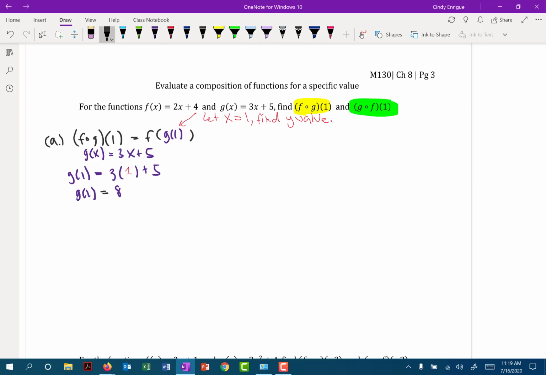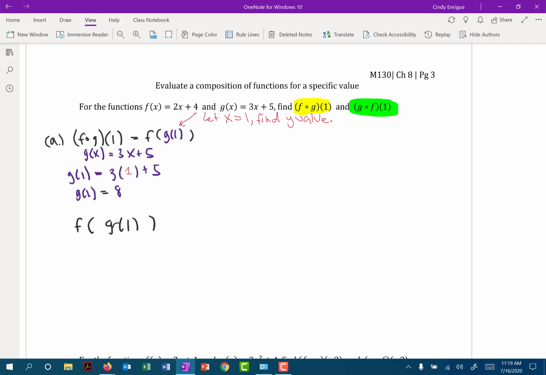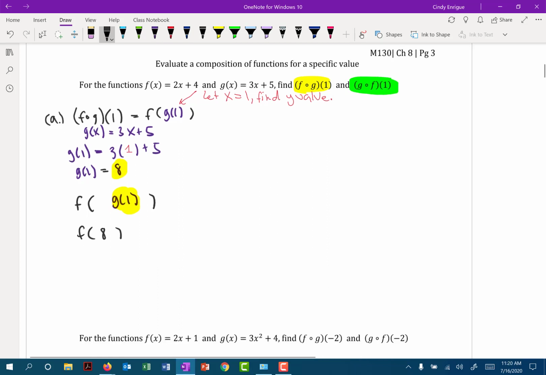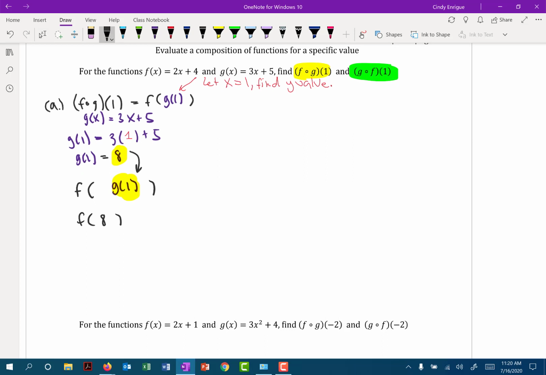So if I'm trying to find f of g of 1, this is my g of 1. Well, you already found your g of 1 value. You found that to be 8. So now you have f, and what you're plugging in here is going to be 8. So that is the value that you found. So you're going to look at your f of x function. Let's write that over here.